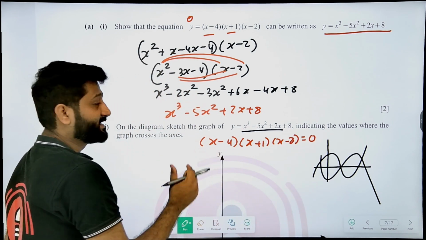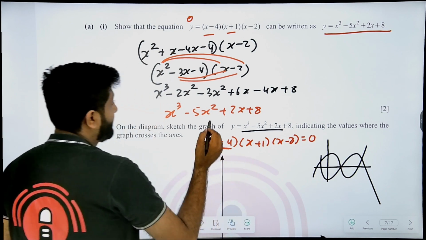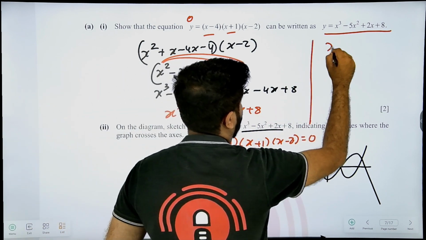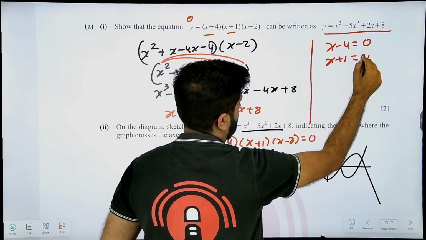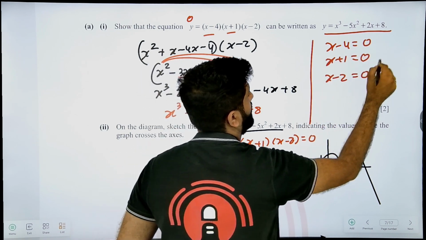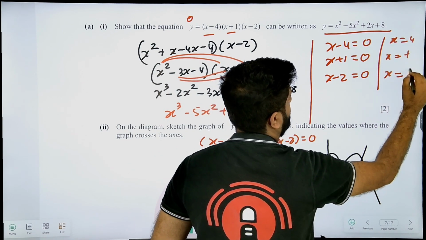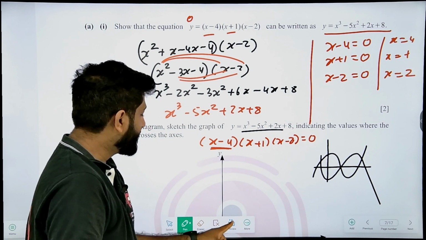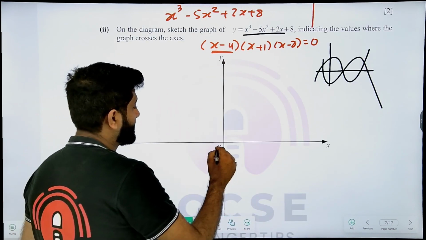It is only 0 if x minus 4 is 0, or if x plus 1 is 0, or if x minus 2 is 0. So I have x equals 4, x equals negative 1, x equals 2. So negative 1, 4 and 2. These, guys, are my x-intercepts.